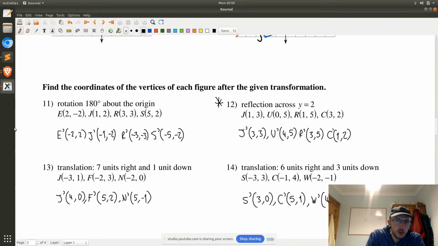Oh, no. Okay, they did it in a different order, first of all, which is weird. They changed the y coordinate. Why is that? Oh, it's the y coordinate that changes, of course.